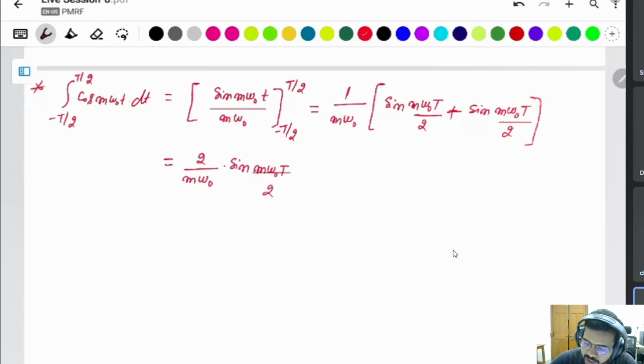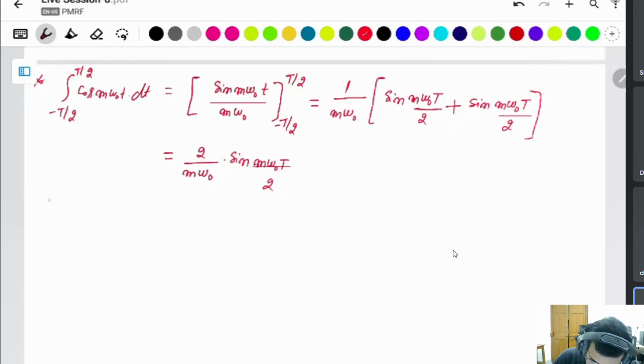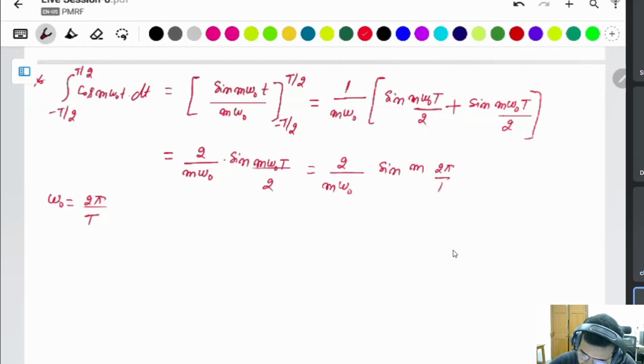Then what is omega naught? Omega naught is equal to 2 pi by T. Replacing omega naught, the sine term is sine of m times 2 pi by T into T by 2. T cancels out, and this will be 2 by m omega naught into sine of m pi.